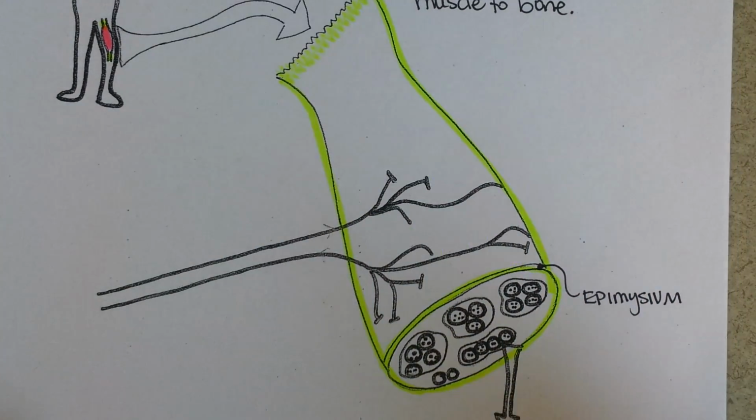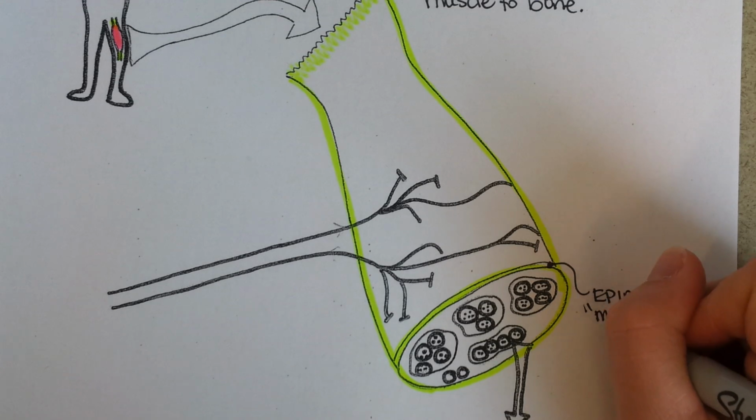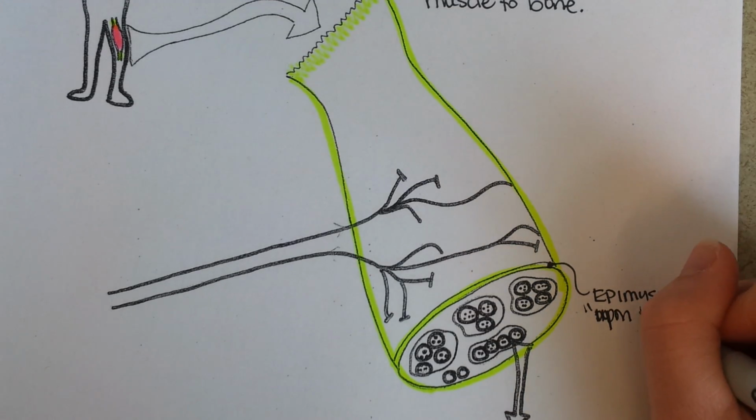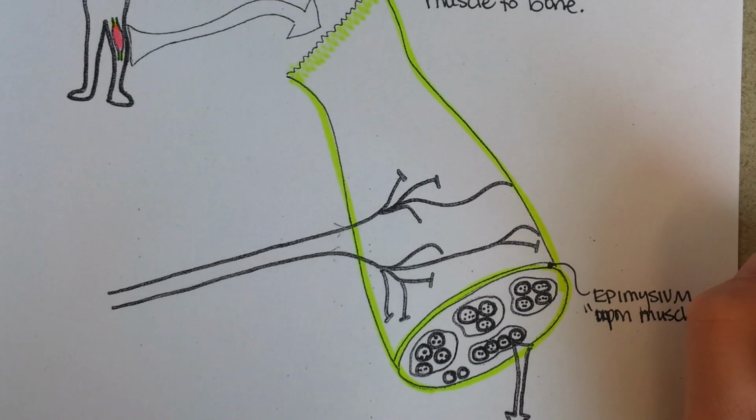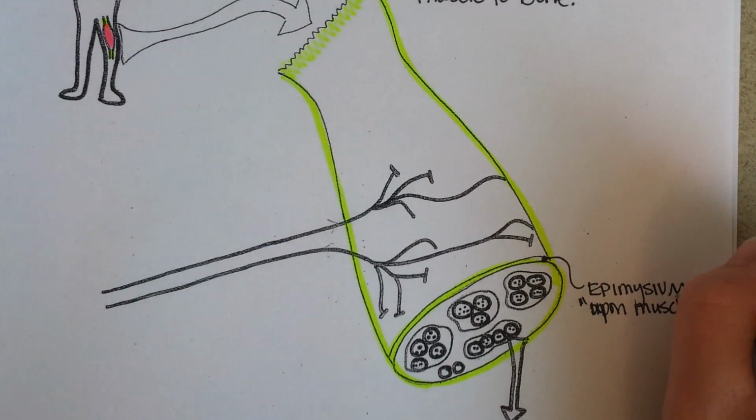You can take that word apart and see that epi means upon and mysium means muscle. It surrounds the entire muscle.